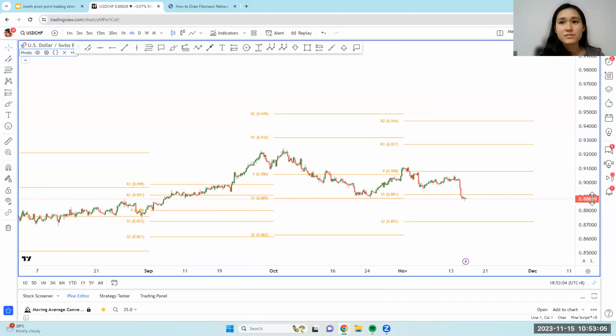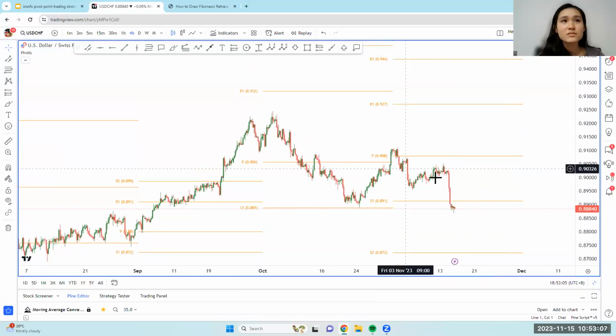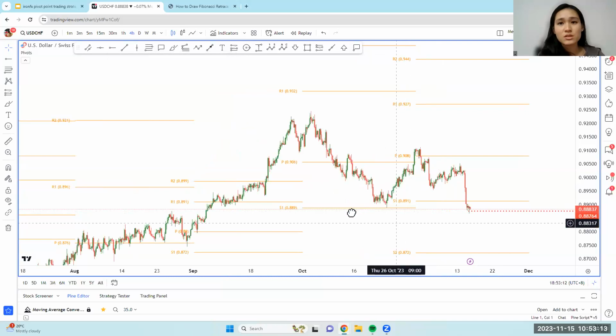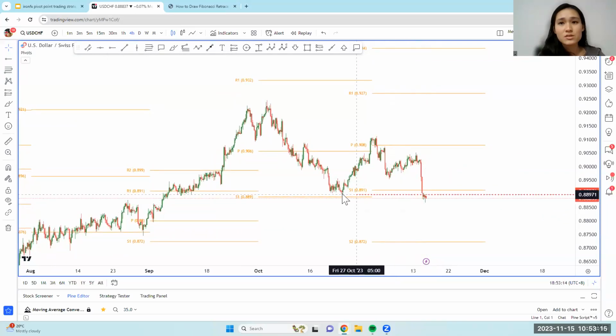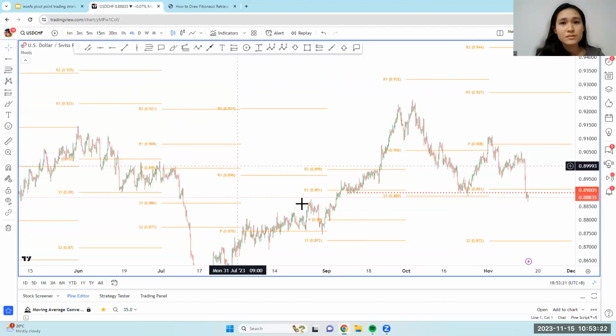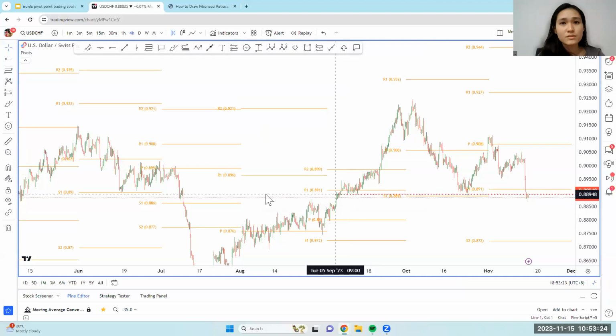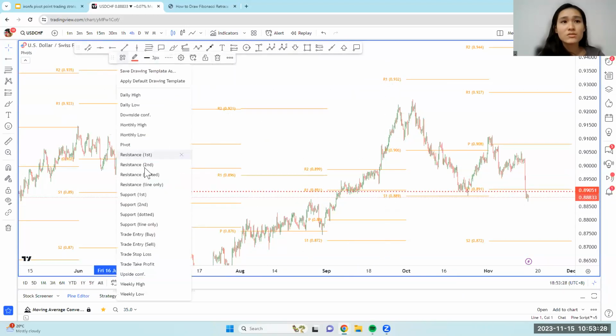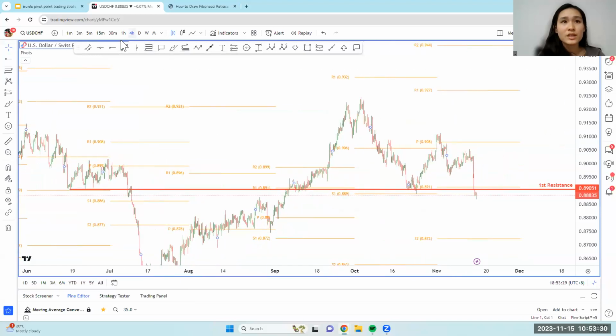Okay, now let's go in with our support and resistance levels. Okay, we see this level here. Okay, this is our resistance.